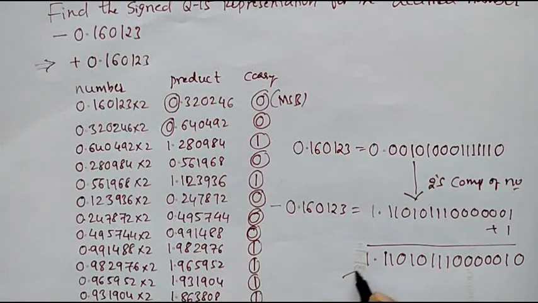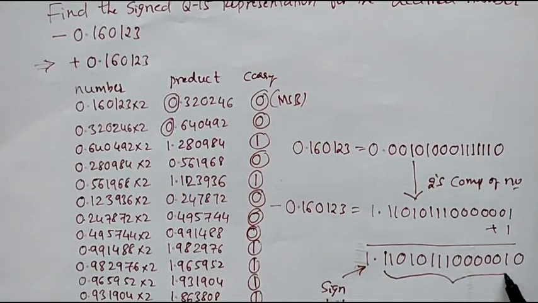So here this is the sign bit, which is negative, and the remaining 15 bits are the magnitude.